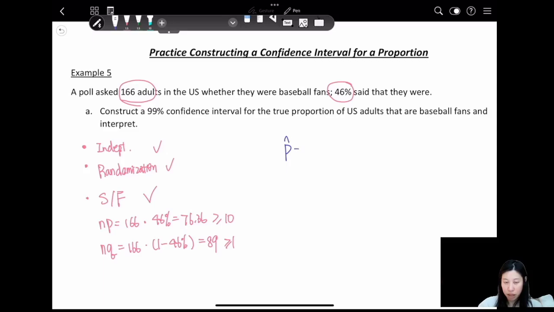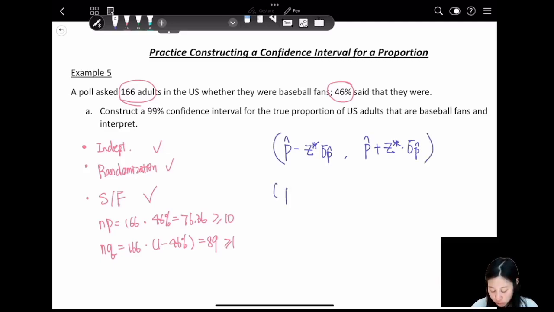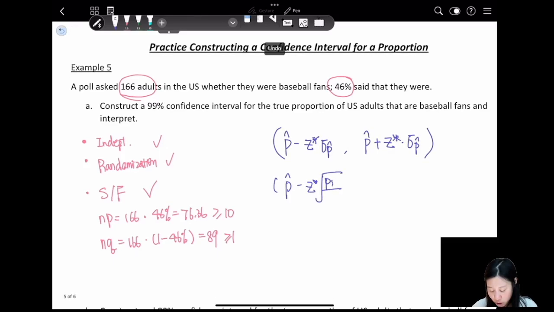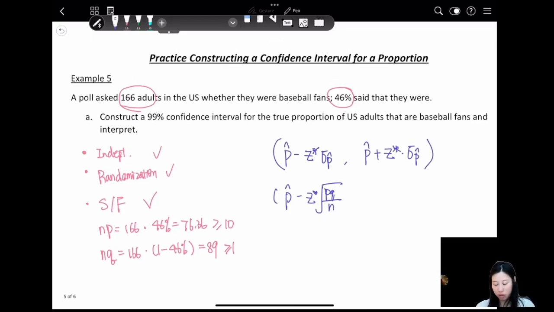The lower bound is p hat minus the critical z-score times sigma p hat, and the upper bound is p hat plus the z-score times sigma p hat, where sigma p hat equals the square root of p hat times q hat over n.